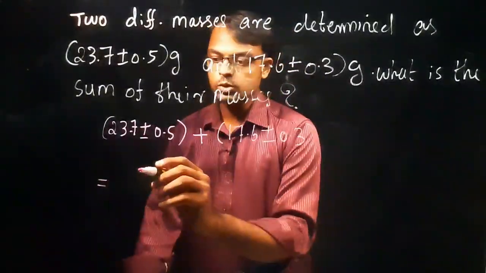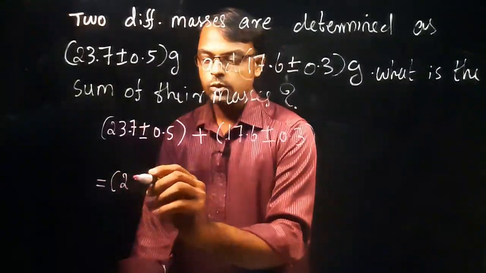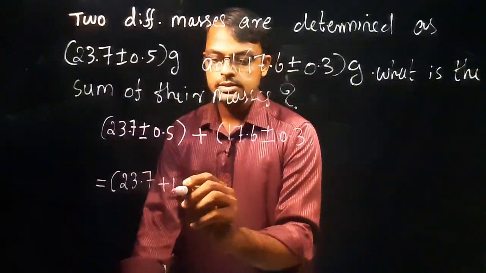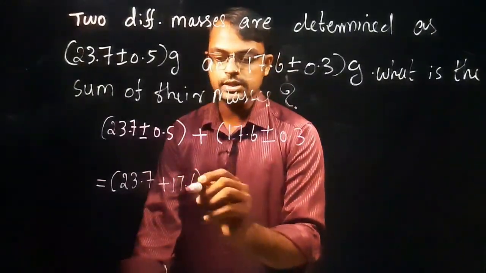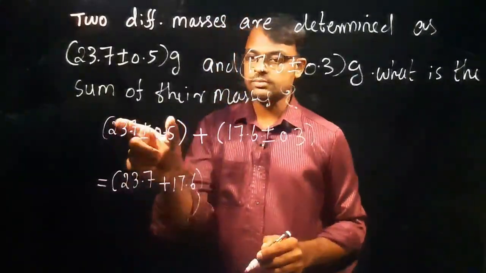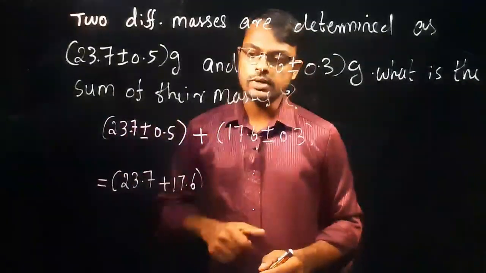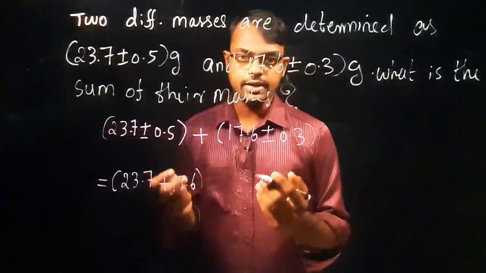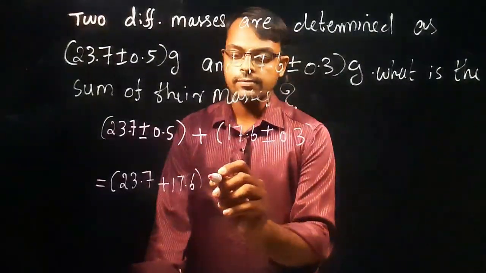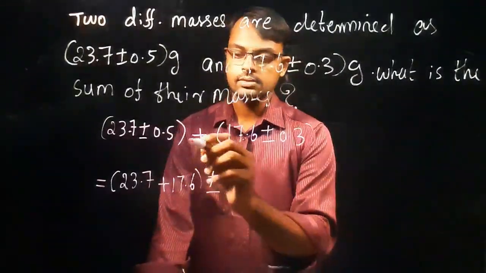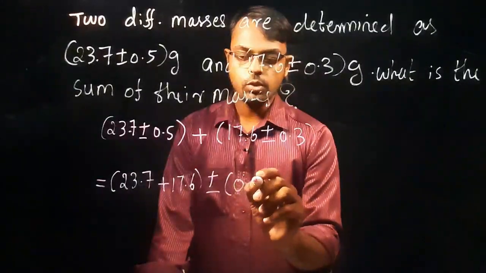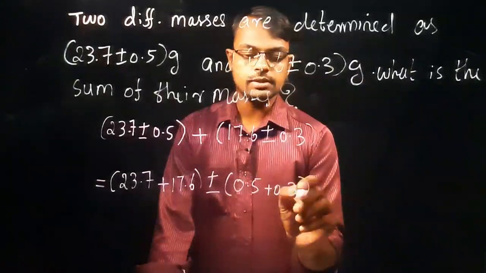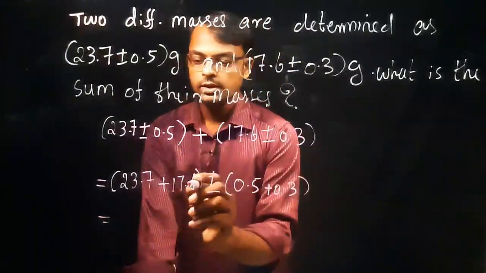Write the total mass as 23.7 plus 17.6. You are adding the main values. Now what is the error? We have already discussed here. Error must be added, right? So again write here plus or minus, now in bracket, 0.5 plus 0.3.